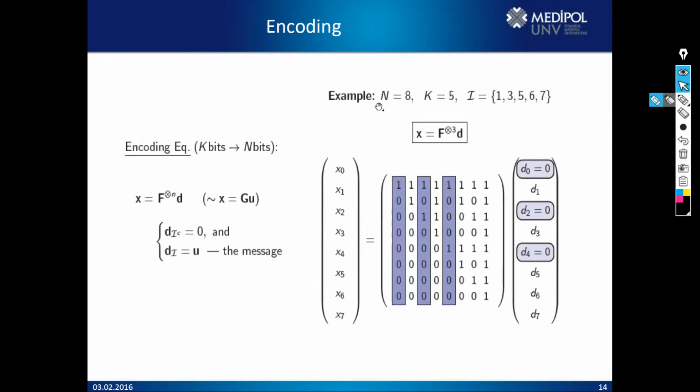If the number of bits in the code word is equal to 8, which is related to the output, and k information bits is 5, and the indices of the good noiseless channels are 1, 3, 5, 6, 7, then how do you find the code word, the encoded vector?